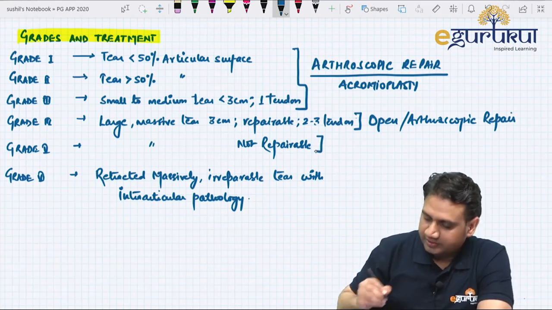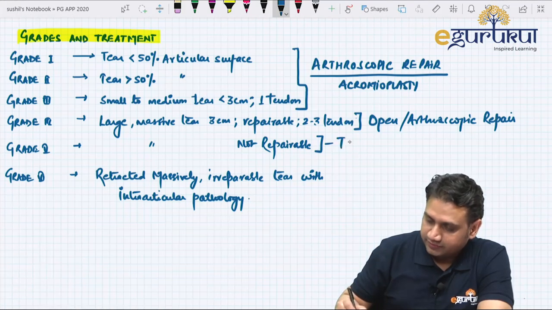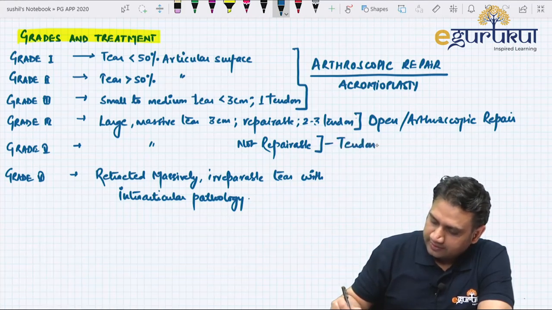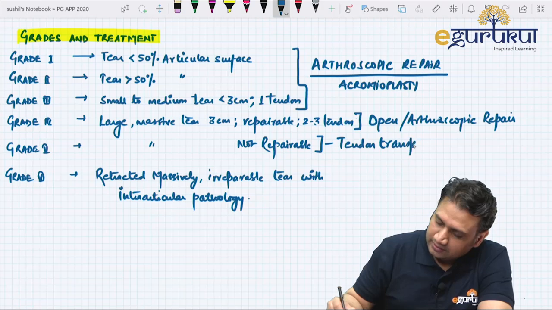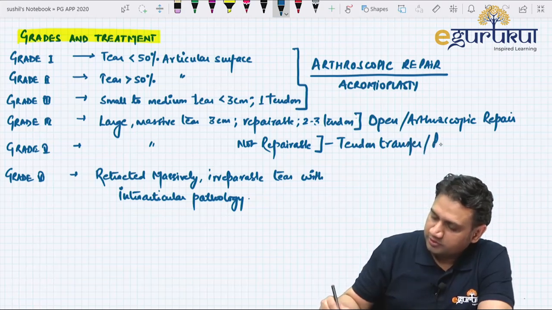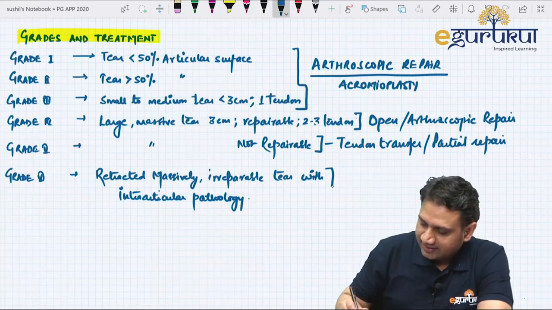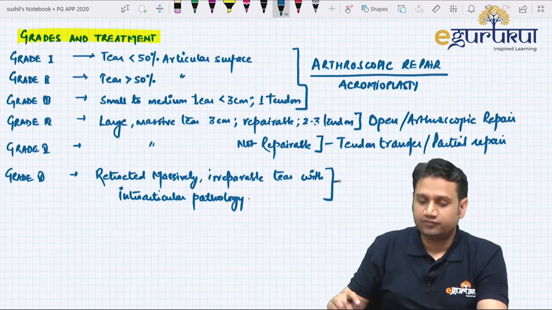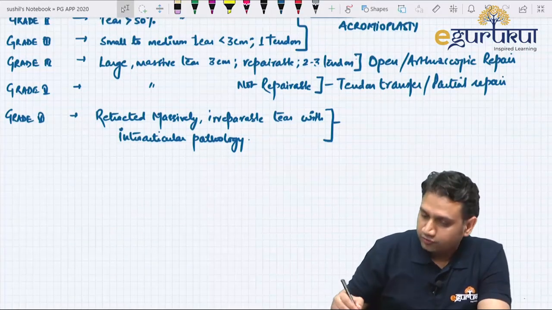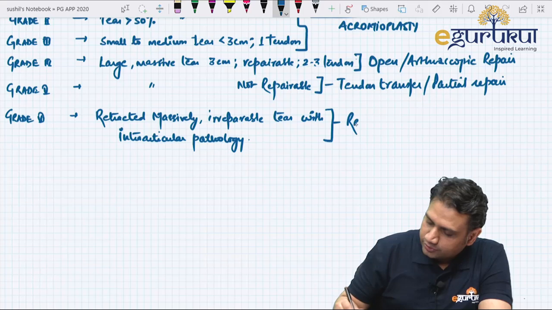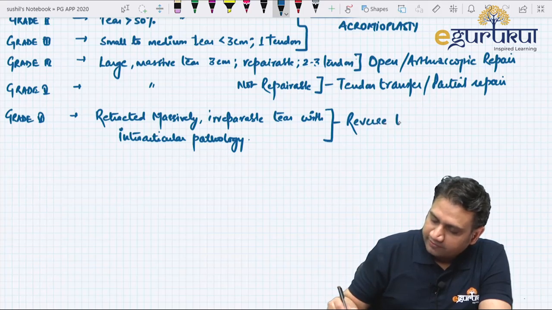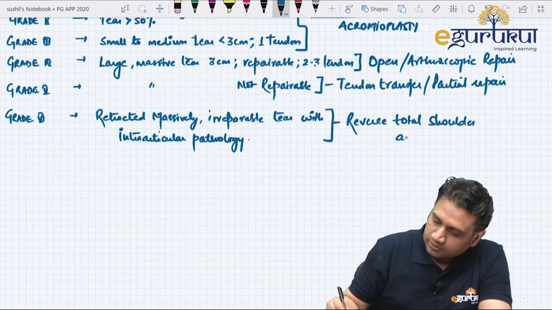If this is not repairable, here the treatment is tendon transfer, and if some sort of repair is possible, go for partial repair. And if it is retracted and the intra-articular area, the joint, is involved, then we go for reverse total shoulder arthroplasty.